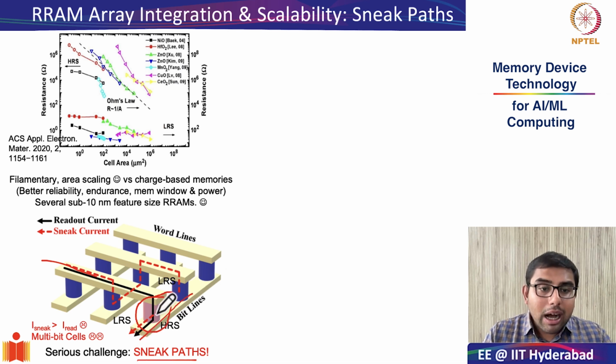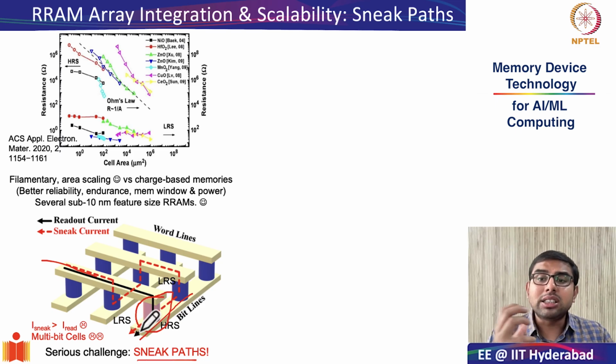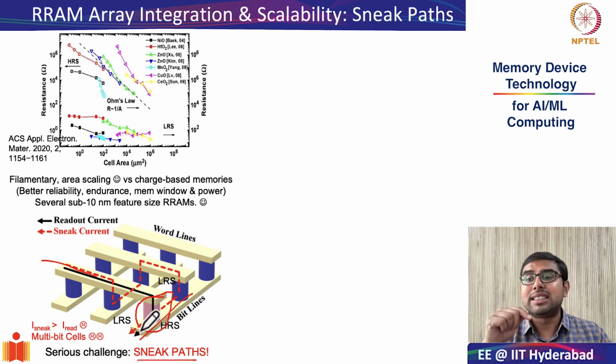However, when I apply a voltage across the word line and bit line, there are other parallel unintended current paths which pass through unselected memory cells in a crossbar array. This creates a lot of problems during read and write operations, when the bias applied to selected cells leaks through the neighboring cells.